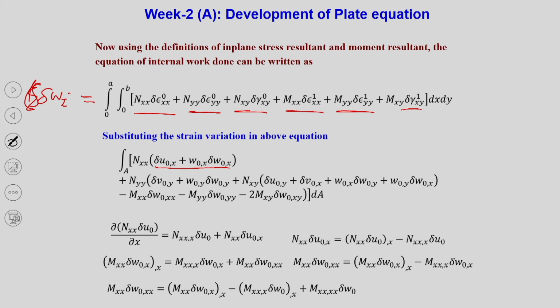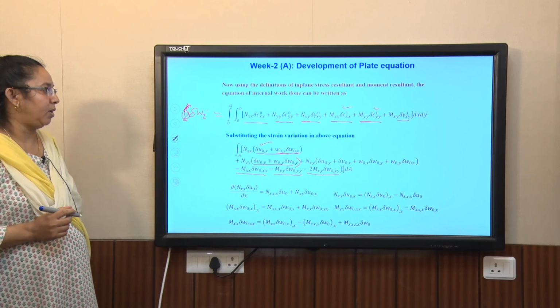Now substituting explicit strain values, epsilon xx naught. Now you may recall what that is: del u naught comma x, w naught comma x, del w comma naught. Similarly, Nyy, then Nxy, then epsilon xx 1, epsilon yy 1 and del w comma xy, gamma xy 1.